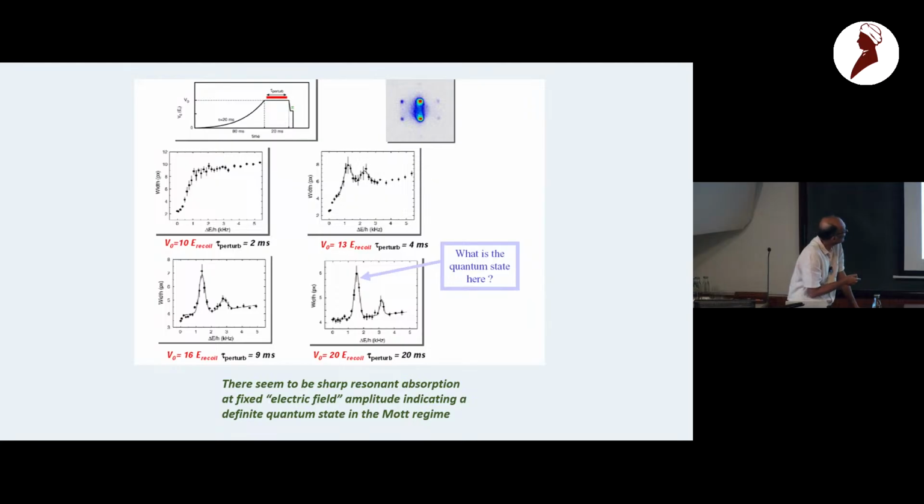That is, it seems that the system preferentially absorbs a lot of energy provided you have a particular value of this perturbing potential. So these two situations are clearly different, and therefore something interesting is happening to the quantum state here if it's in the Mott phase and if you apply an electric field. And this is something that one needs to understand to get into the physics.